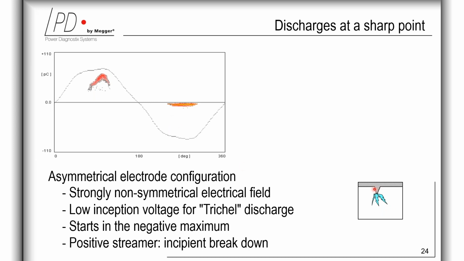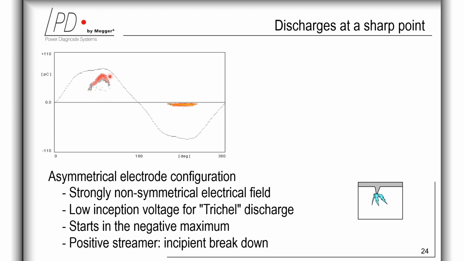And therefore, due to the strongly enhanced electric field at the tip, the critical electric field is first reached at the tip in the negative polarity. And here you see a Trichel discharge, while on the positive half cycle you see a positive streamer.